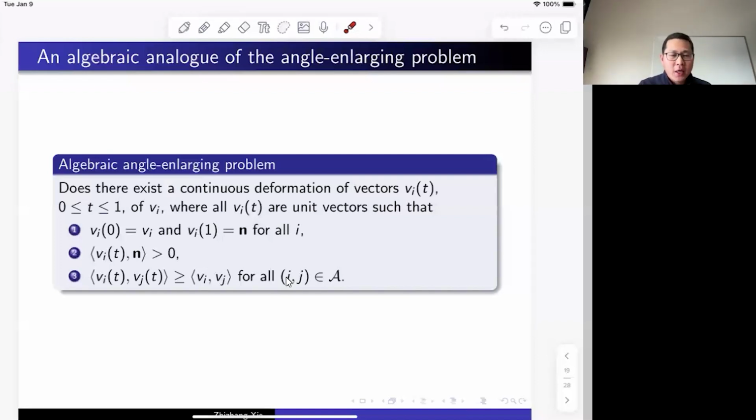So this is the algebraic angle enlargement problem, which is strictly weaker than the original geometric problem. The point is, you are only deforming the vectors.